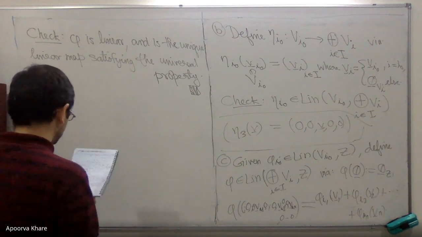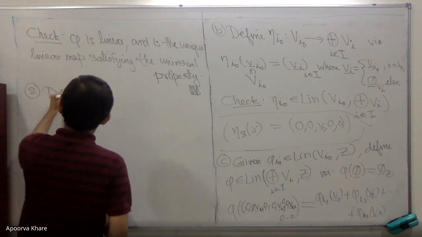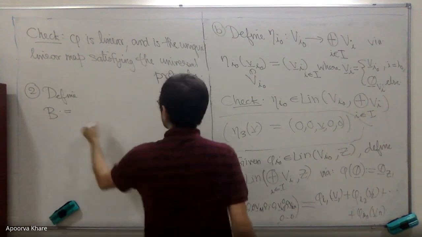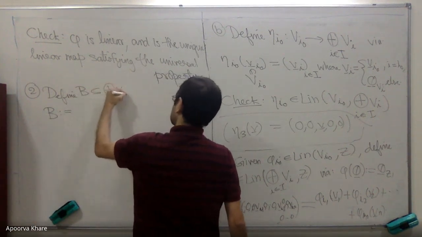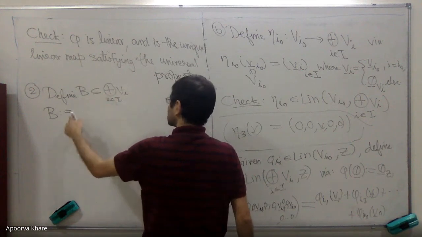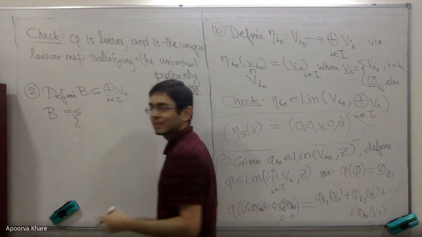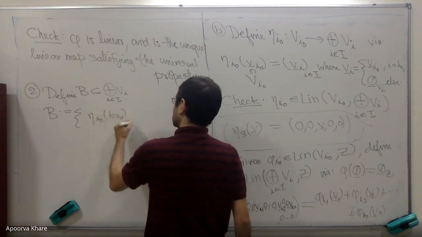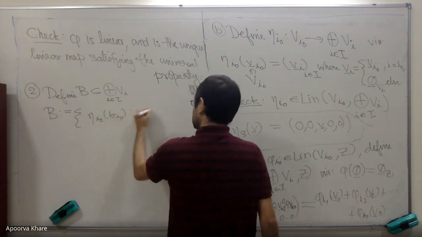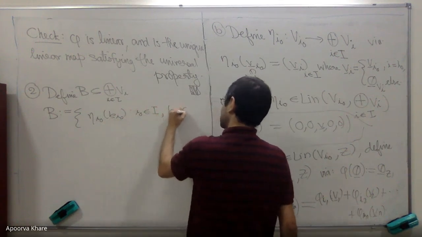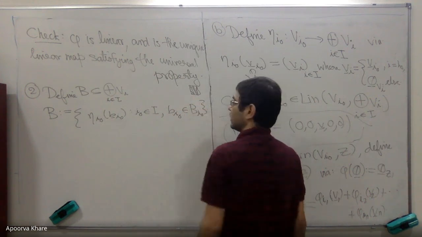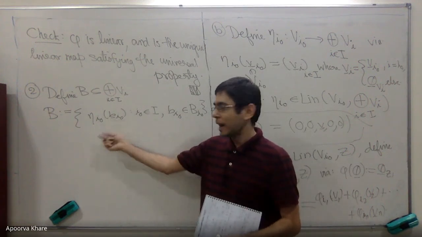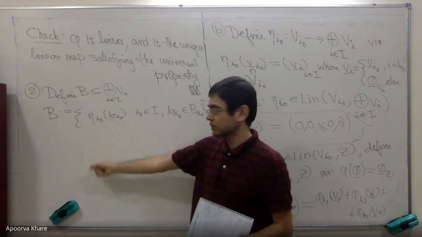Now define the set B. This is a subset of the direct sum, and this is going to be my basis. I'm going to take it to be the union of the Bi's, defined cleverly. It is the set of all eta i naught of b i naught, where i naught is an element of I, and b i naught is in B i naught. So this is literally saying, I look at all these distinct elements in the i naught position. So I look at all the elements of B1 in the first position with zeros.